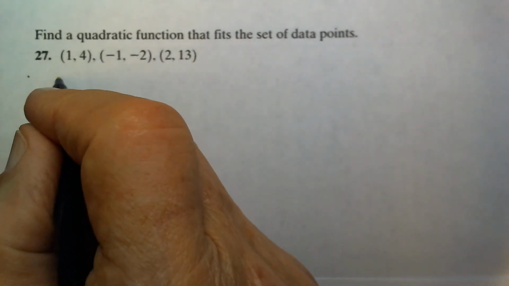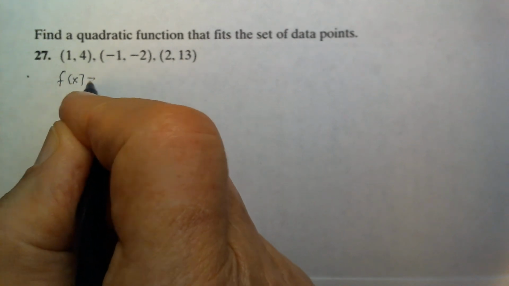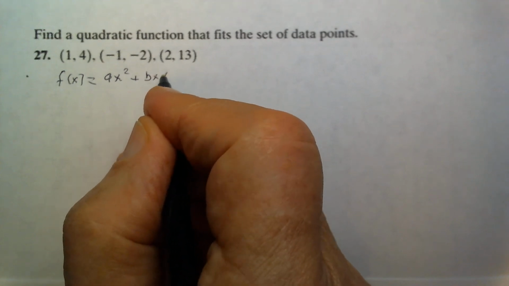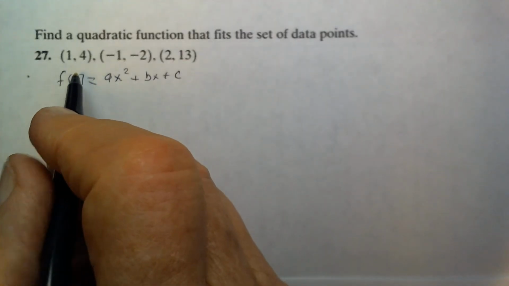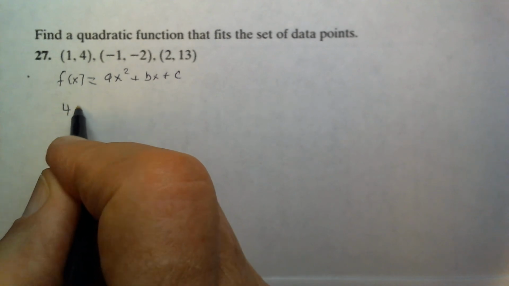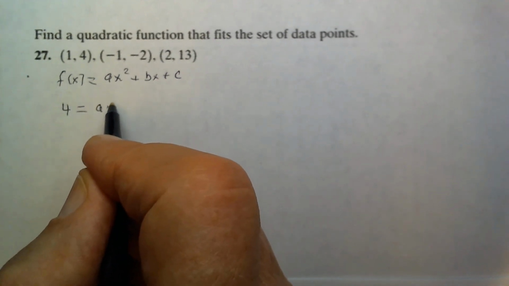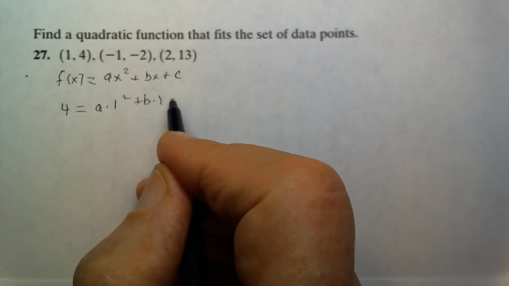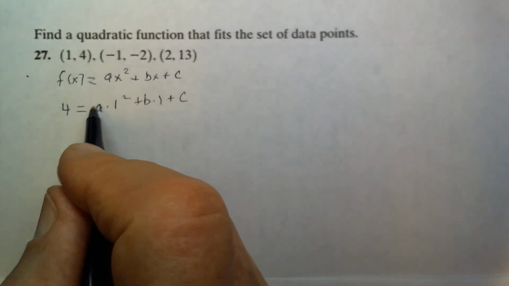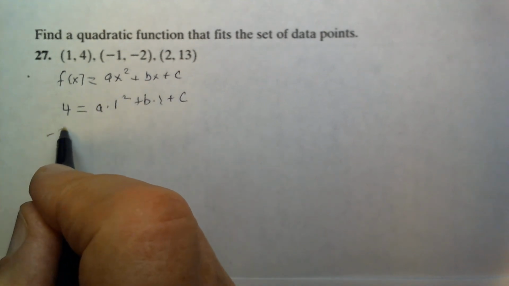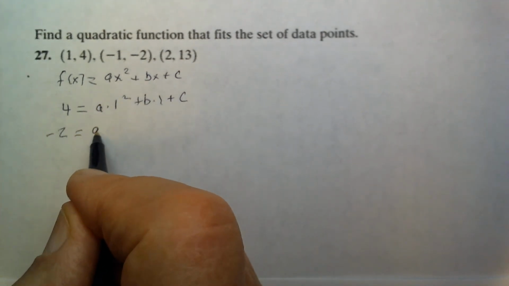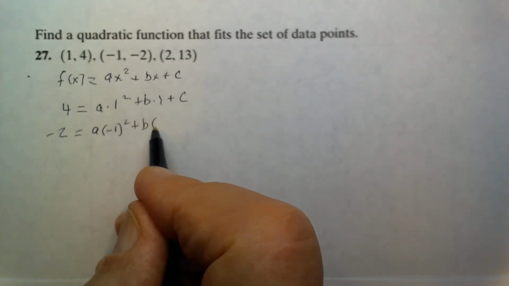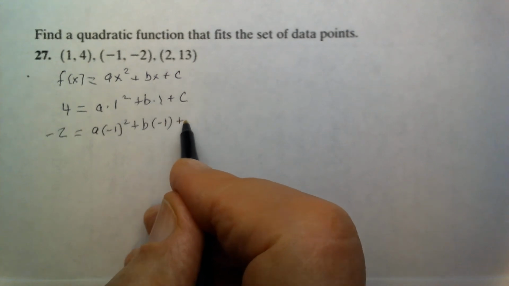So we begin with f of x equals ax squared plus bx plus c. For the first point, we have 4 equals a times 1 squared plus b times 1 plus c. For the second point, we have minus 2 equals a times minus 1 squared plus b times negative 1 plus c.